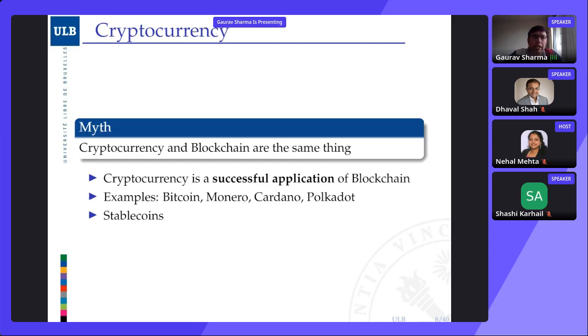There are more than 4 to 5 thousand cryptocurrencies nowadays. And the basic architecture that we talked about in the previous slides, like the hash of the previous block going to the next block, and so on, everything goes in the cryptocurrency, but additionally we have a native currency to support the transaction fee and so on.